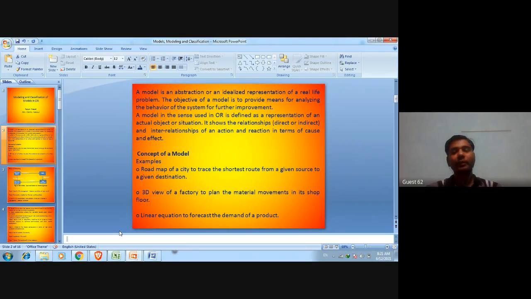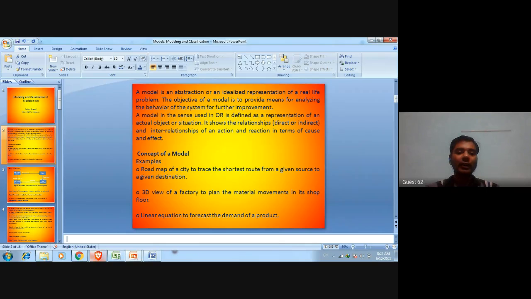effect. So it means the model represents your real life situations, all the activities which happen in your organization or your business. We have to try to represent those activities in a mathematical form.